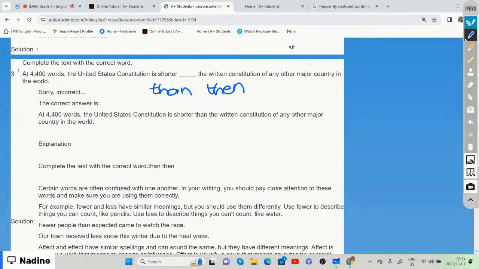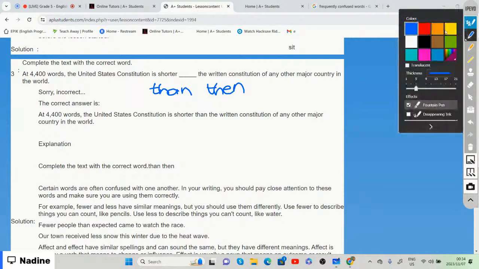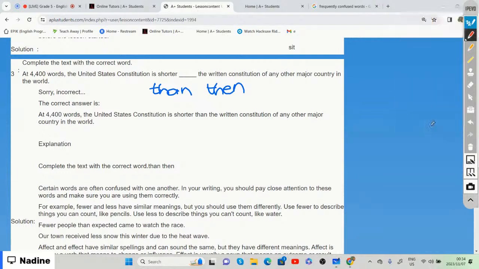All right, so if we select the correct word in order to complete the sentence, then we're going to say that at 4,400 words, the United States Constitution is shorter than the written constitution of any other major country in the world.